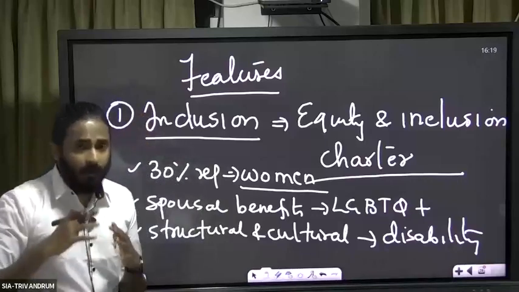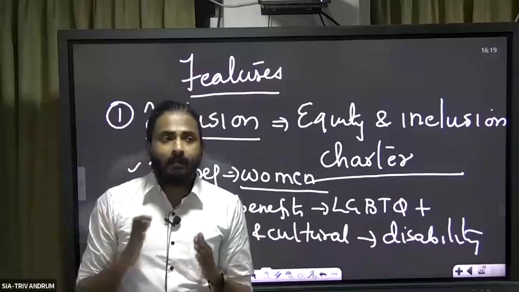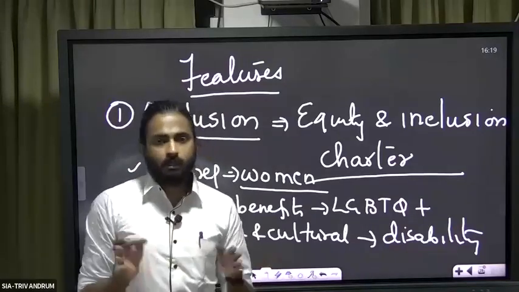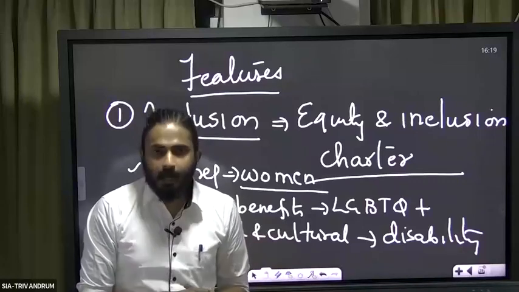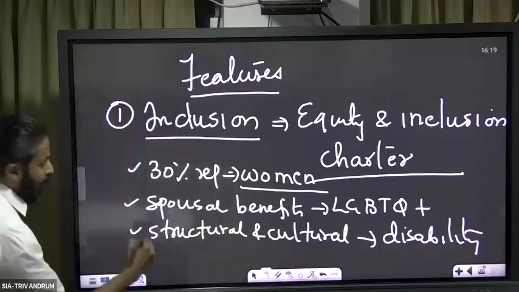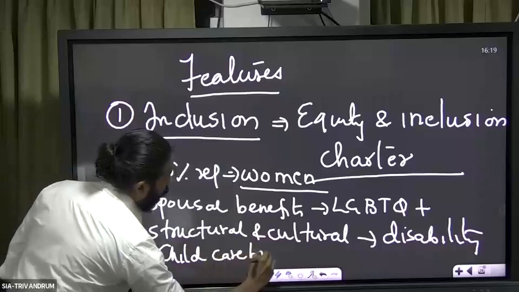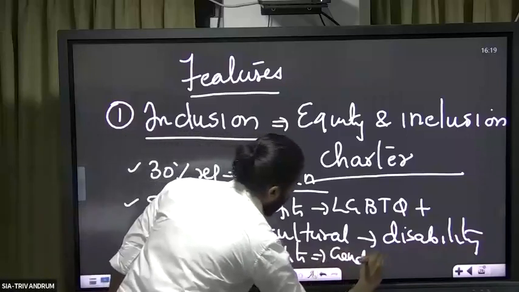And then one more major change we are trying to include, child care benefits. Now only the mother is getting maternity leave, as if the mother is fully responsible for taking care of the child. They are making child care benefits gender neutral.